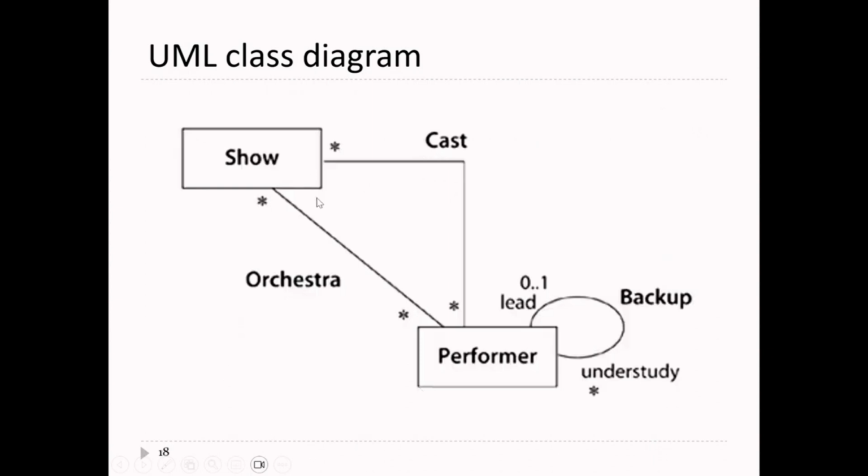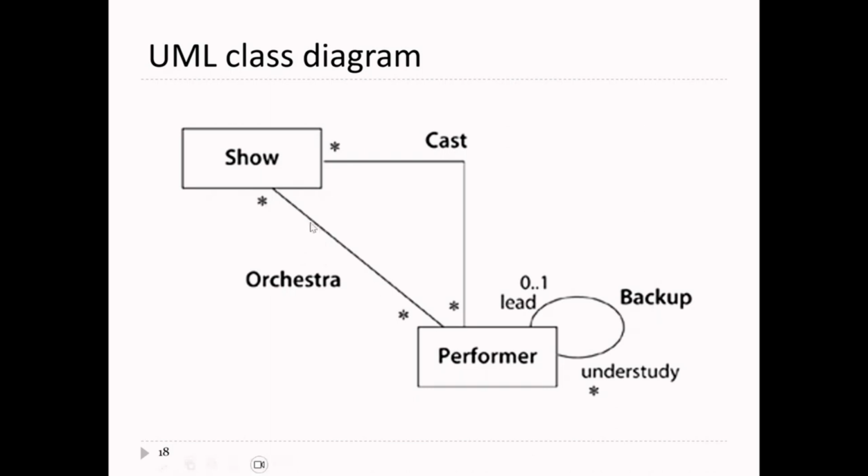This is an example from the standard UML textbook that shows the relationship between a class called Show and a class called Performer. This is supposed to be modeling something like a Broadway show. There are some names on the diagram: orchestra, cast, backup. Orchestra is the role that describes the relationship between a show and a performer.